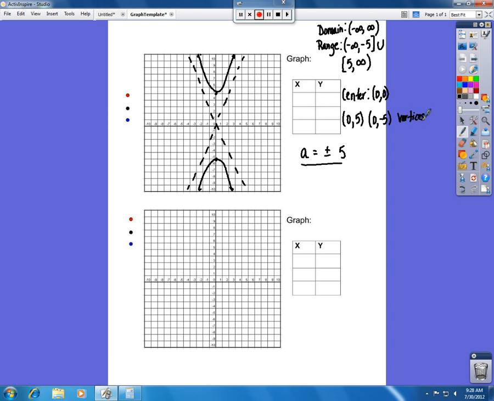And then the last thing it asks for is the foci, which for hyperbolas, our equation is c squared equals a squared plus b squared. So for the foci, c squared equals 25 plus 4. So c squared is 29, therefore c is equal to plus or minus the square root of 29. And again, that's good enough for me.